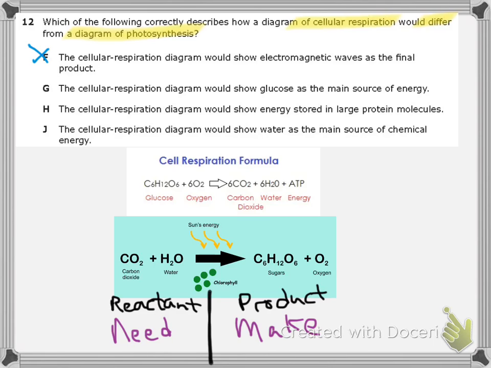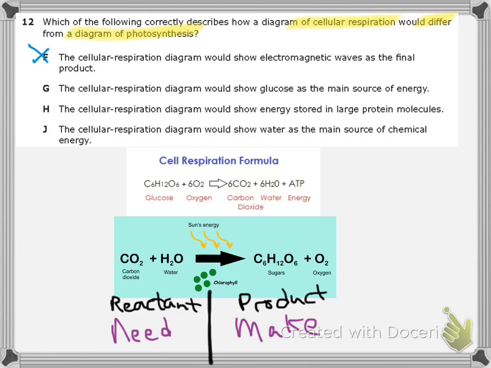Bam. Alright, let's randomly skip around just in case the next one may or may not be the right answer. Let's go to J. Cellular respiration diagram would show water as the main source of energy. So notice all of these actually reference cellular respiration, so we can just keep our eyes on the top formula and we're good to go. So again, J. It's saying water is the main source of energy.